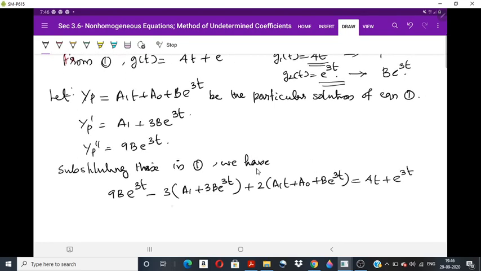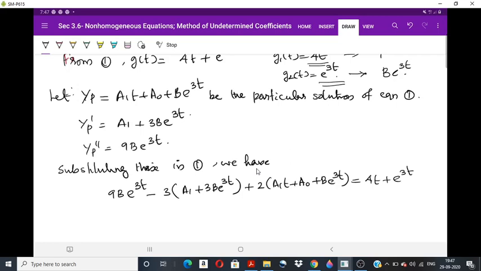Then, taking the similar terms and simplifying the left side, we take the coefficients of e raised to 3t together. We have 9b e raised to 3t here, minus 3 into 3b, that is 9b, so that term will get cancelled.